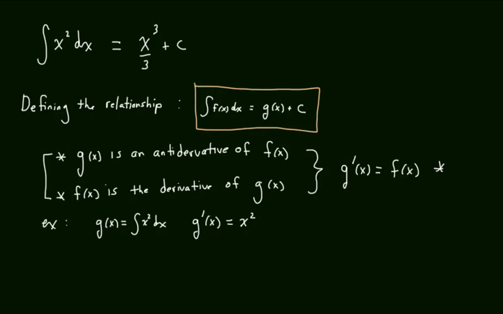You may recall when we said that the derivative of an integral is simply the integrand. Well, that's what's going on here. Similarly, if we say that g of x is equal to the integral of the sine of e to the x dx, well, then obviously g prime of x would be the derivative of the integral, returning the integrand.